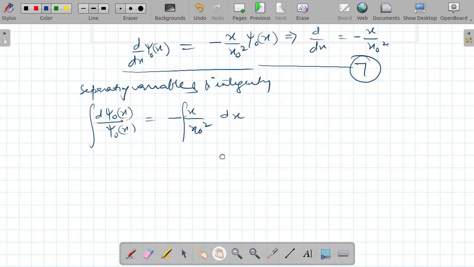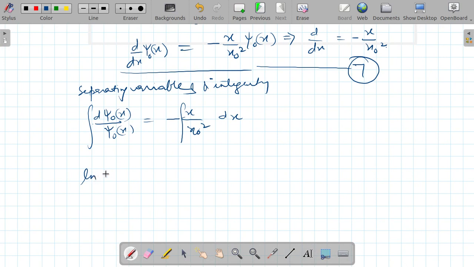If I integrate, then its integral will be the natural log of the function is equal to minus x square by 2 x naught square plus k, where k is the constant of integration.